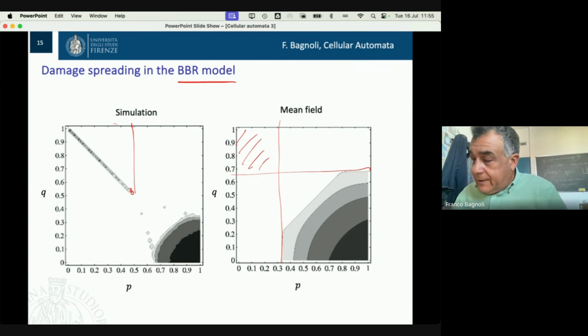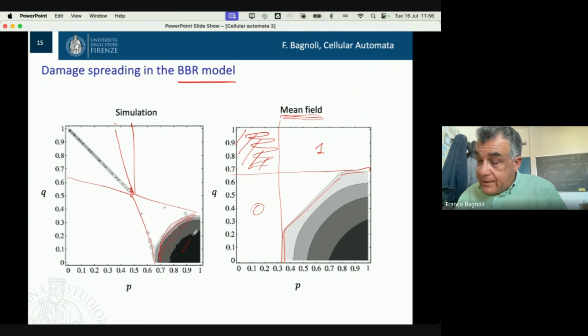So these are the absorbing 0, the absorbing 1 state. Here is the first order transition, and here is the damage spreading in the mean field approximation. While for the actual simulation, you have these two transitions here, and these two, and this is the active region. So essentially very similar in the two situations.